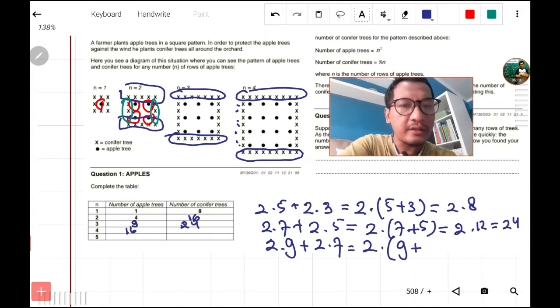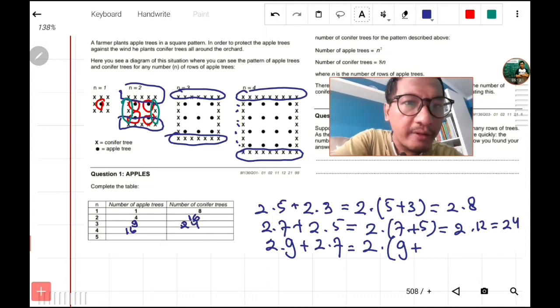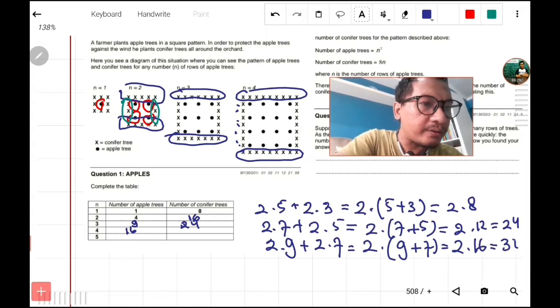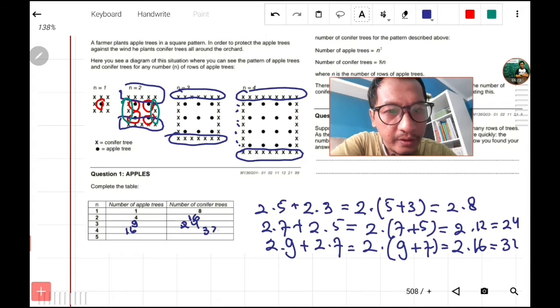And this is 9 plus 7, or 2 times 16, which equals 32.